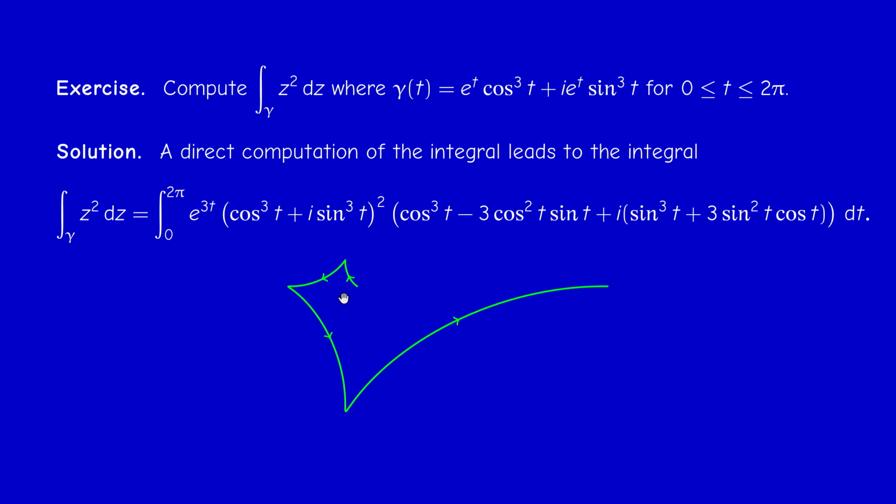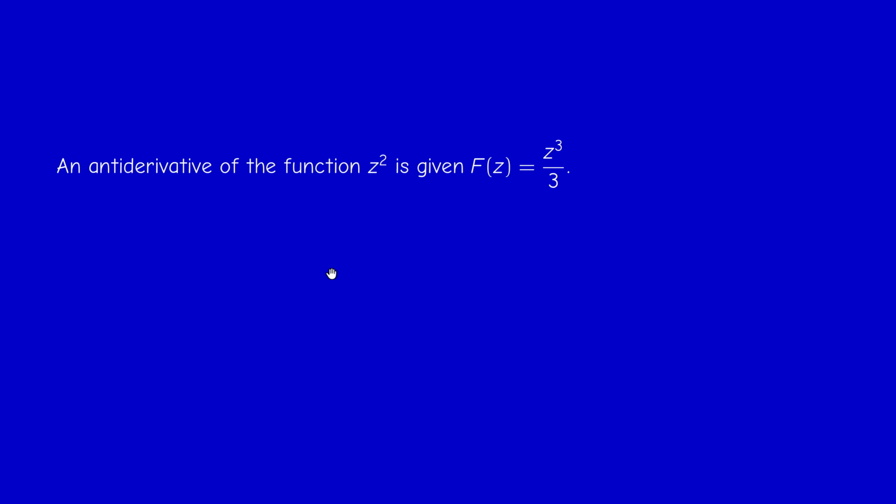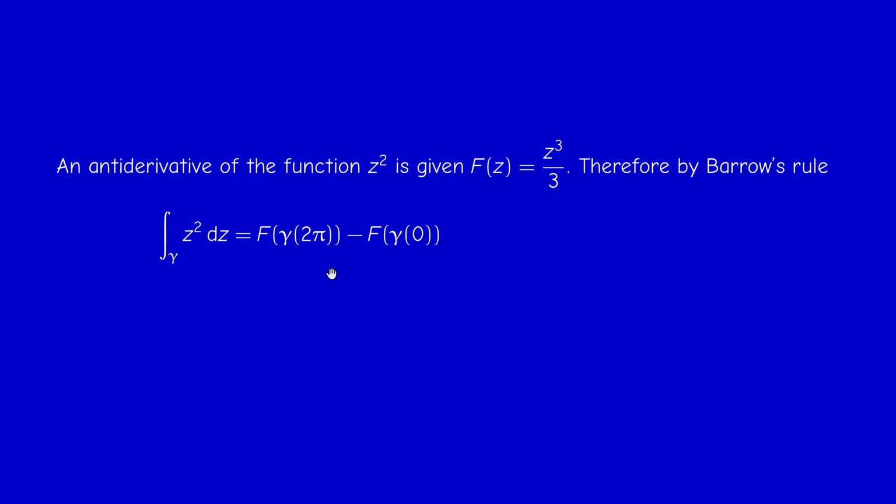Now, how to compute this integral? Well, does z squared have an antiderivative? Yes, sure, z cubed over 3. So I just apply Barrow's rule, and I get z cubed over 3 evaluated between 1 and e to the 2 pi, right?